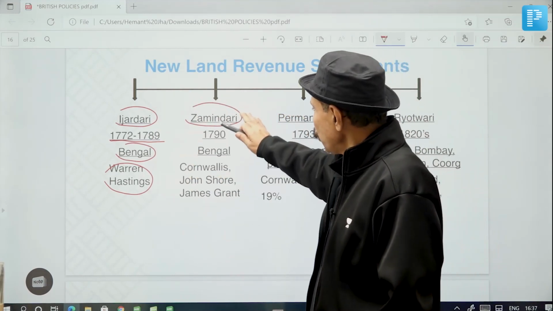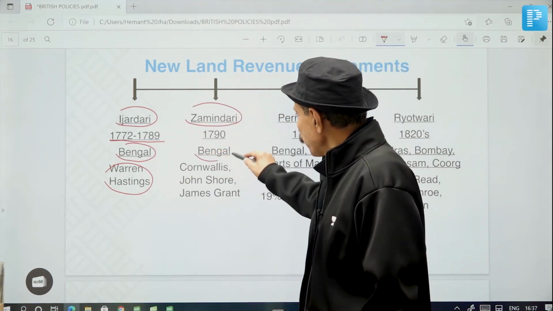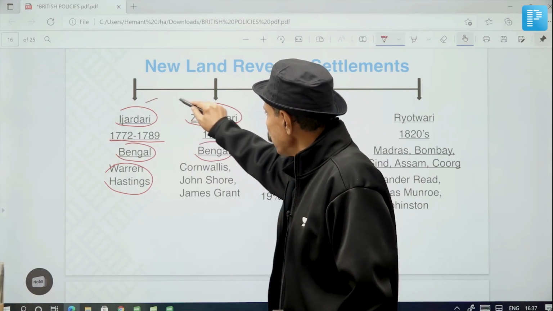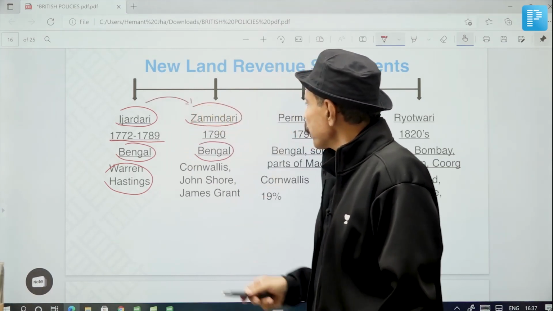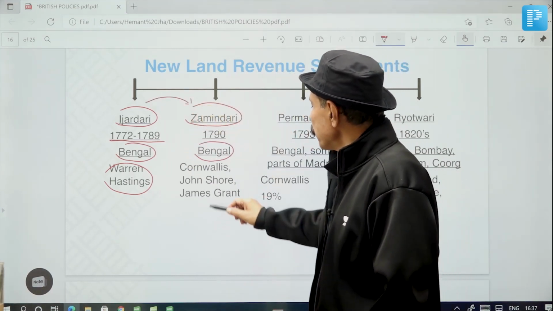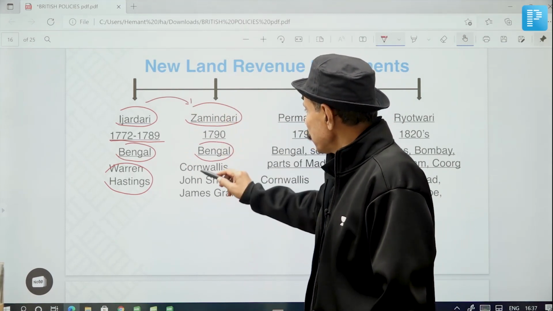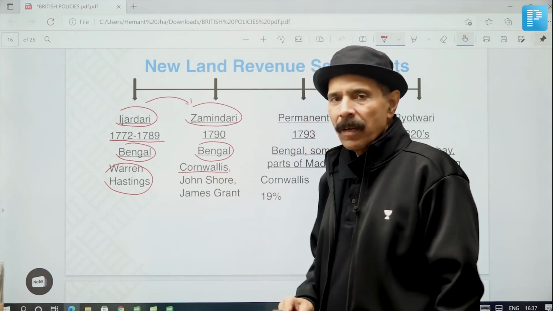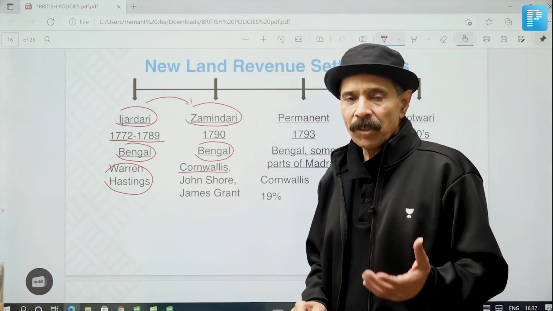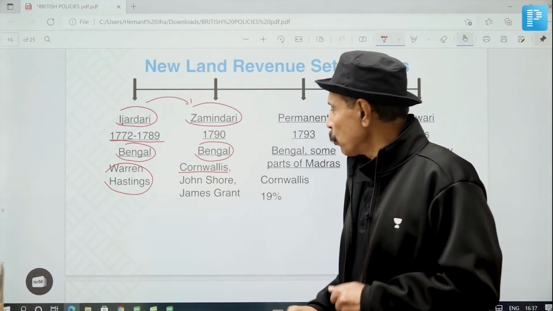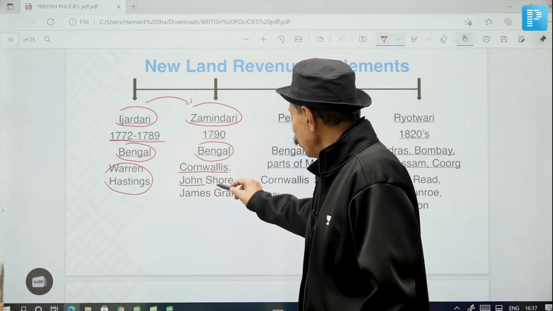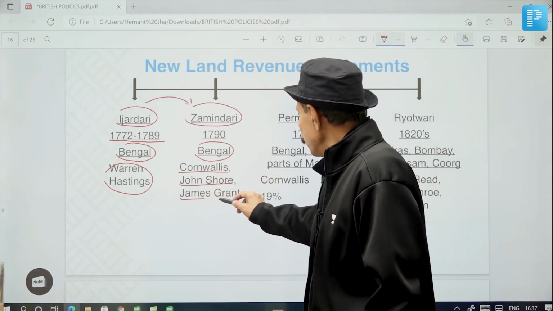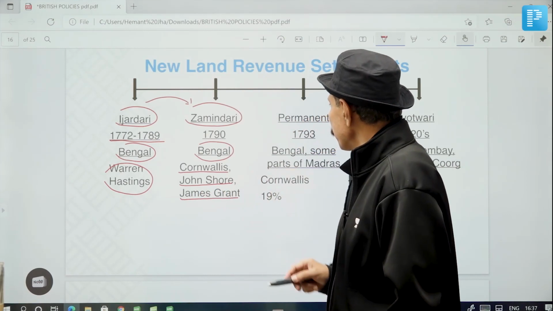So this was first introduced in Bengal, replacing Ijardar. The Governor General who introduced this system was Cornwallis, and two other British officials involved in this introduction were John Shore and James Grant.